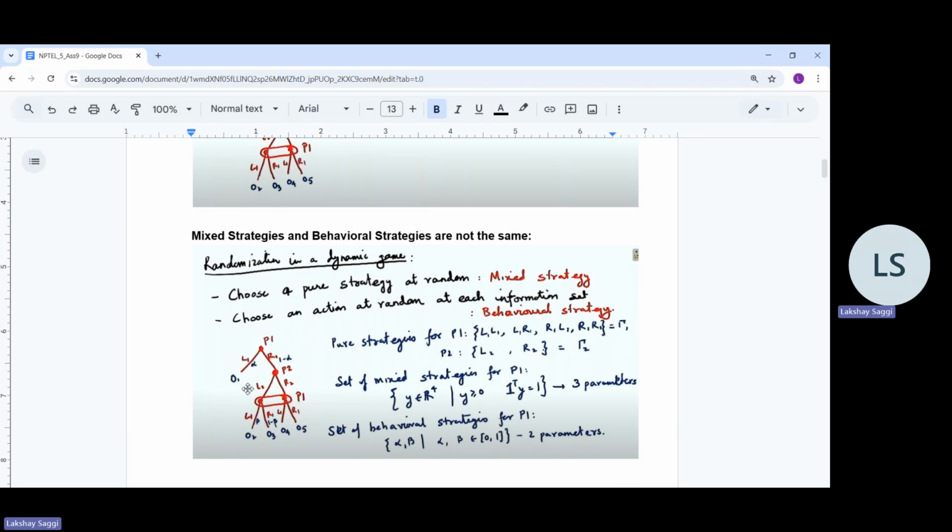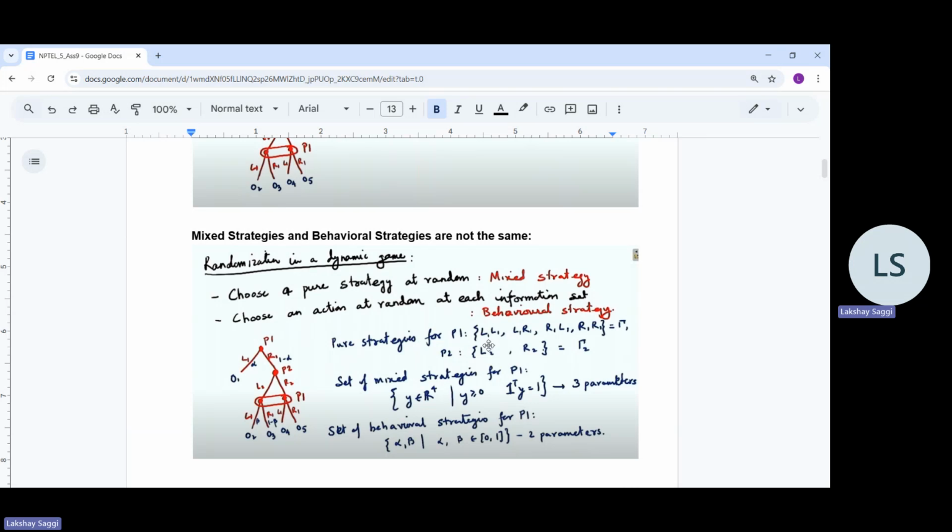First of all, let's consider the mixed strategy. What kind of mixed strategy will there be for player one? How did we define a mixed strategy? We said that we choose a pure strategy at random. So let's form the set of pure strategies for player one.